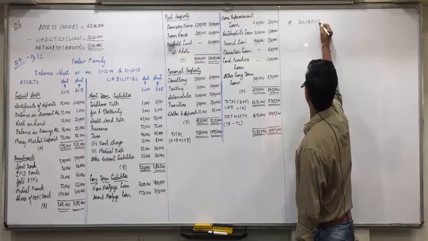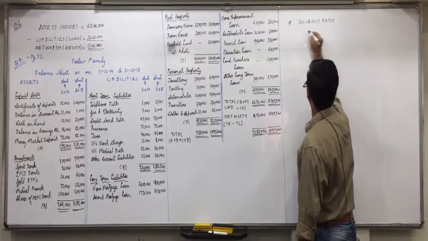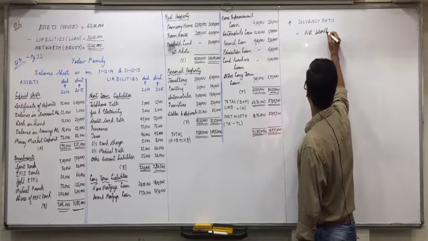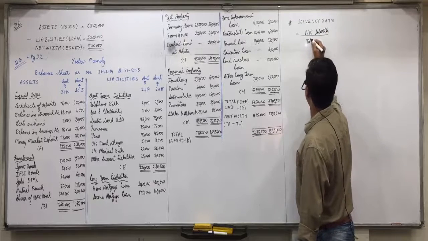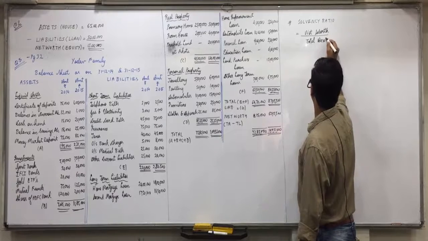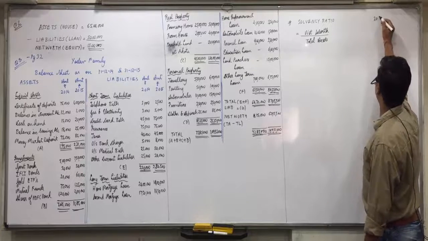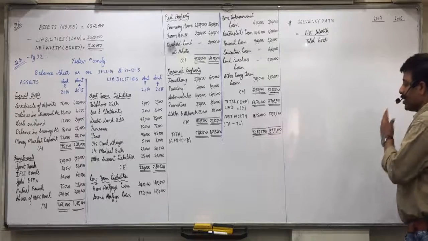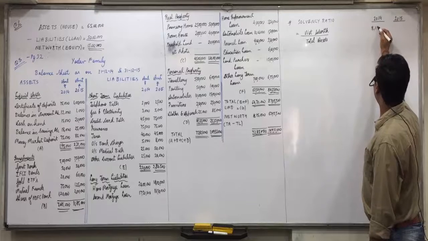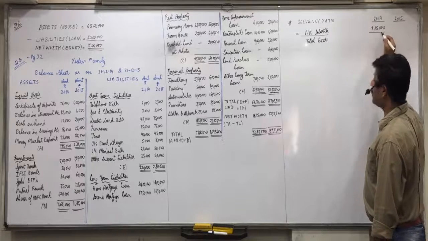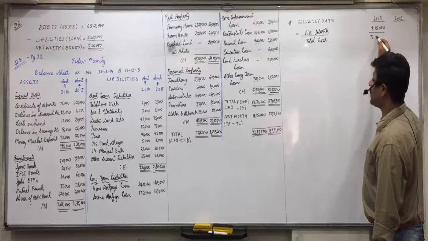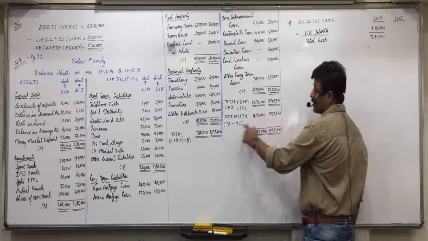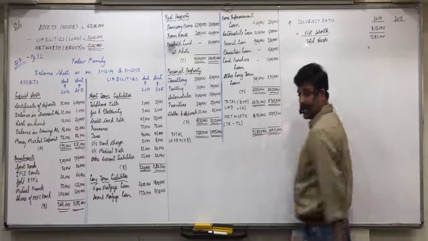Solvency ratio is equal to net worth divided by total assets. For 2014, net worth is 8,15,000 divided by total assets 72,85,000.